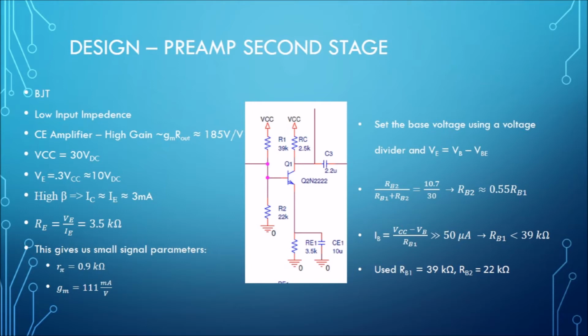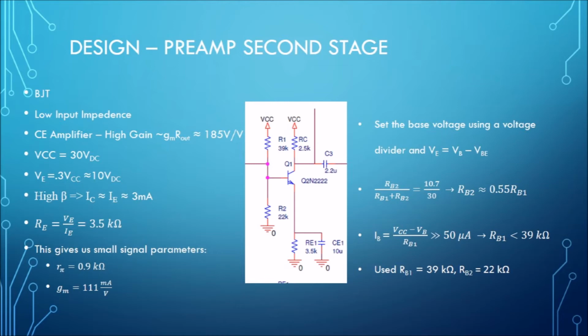Okay, so to finish up the preamp, we have to combine both stages, the JFET and the BJT part. And once we do that, we have to take into account the resistance matching between the output of the JFET and the input of the BJT.